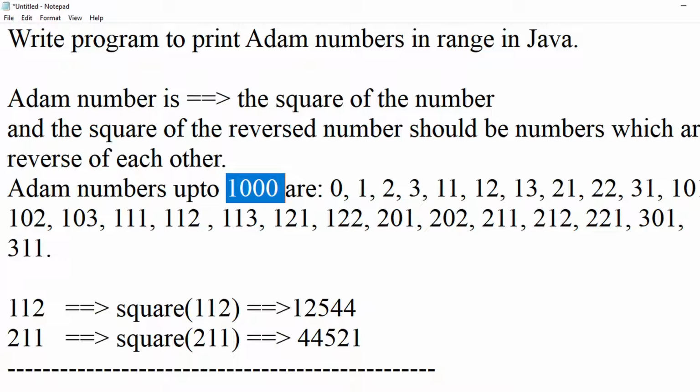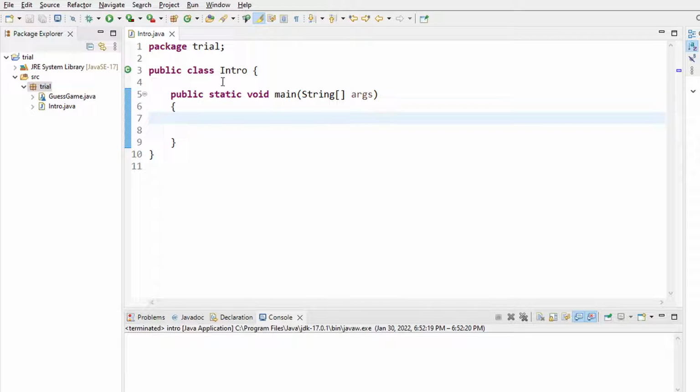I'm using Eclipse. We already have a package trial, and a class called intro where public static void main is there. We will create a separate class called AdamNumber and try to print it.